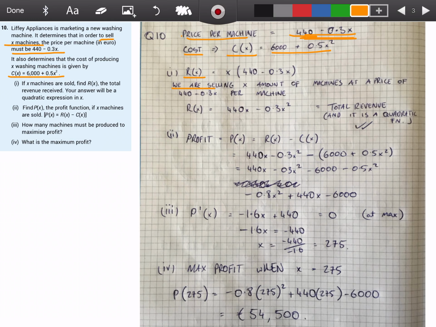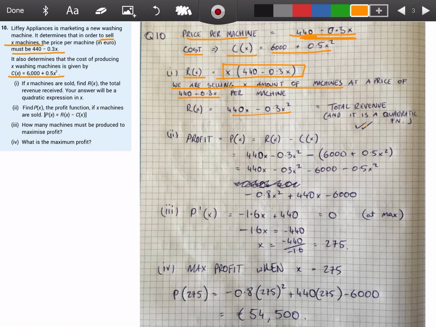So I am selling X amount of machines, and the price is that per machine. So the way to do it, all I got to do is I do X multiplied by the 440 minus 0.3x. Done. Okay. It also tells me in the question, your answer will be a quadratic expression. I've got an x squared in there, so I have a quadratic expression. So I'm very happy. Okay, 2 ticks. That's why we got them there.